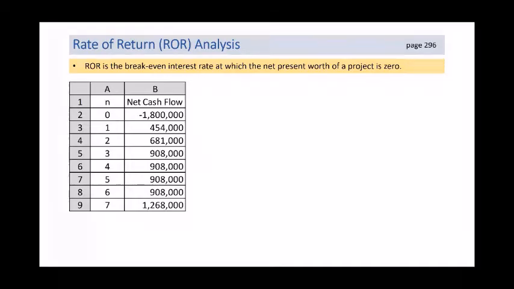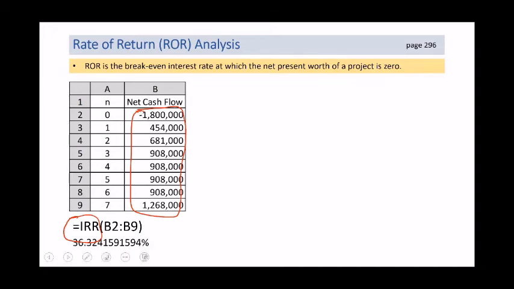So that is the same as the next definition. It says here, ROR is the break-even interest rate at which the net present worth of a project is 0. In Excel, the formula is IRR, and you need to identify the cash flows, that is B2. Just highlight this one, and it will give you a very accurate answer: 36.324159.